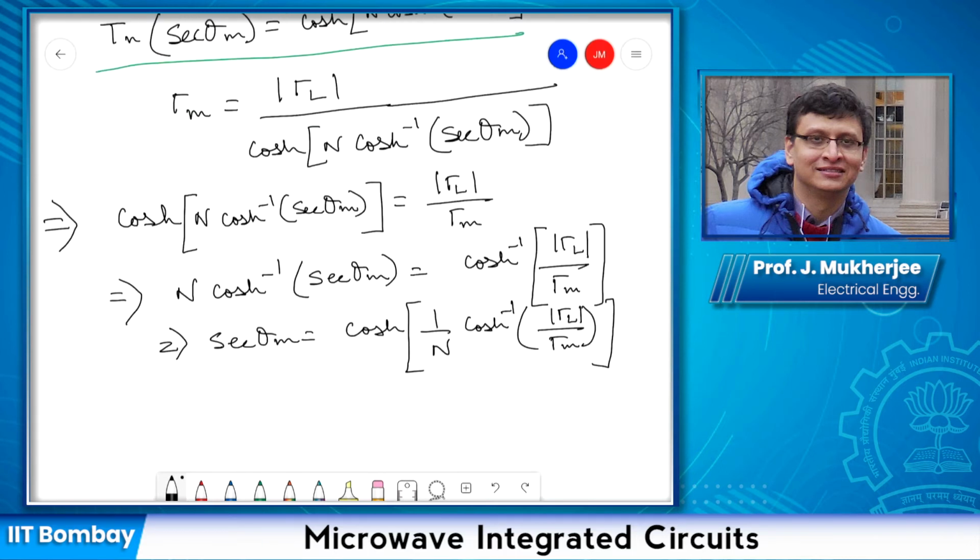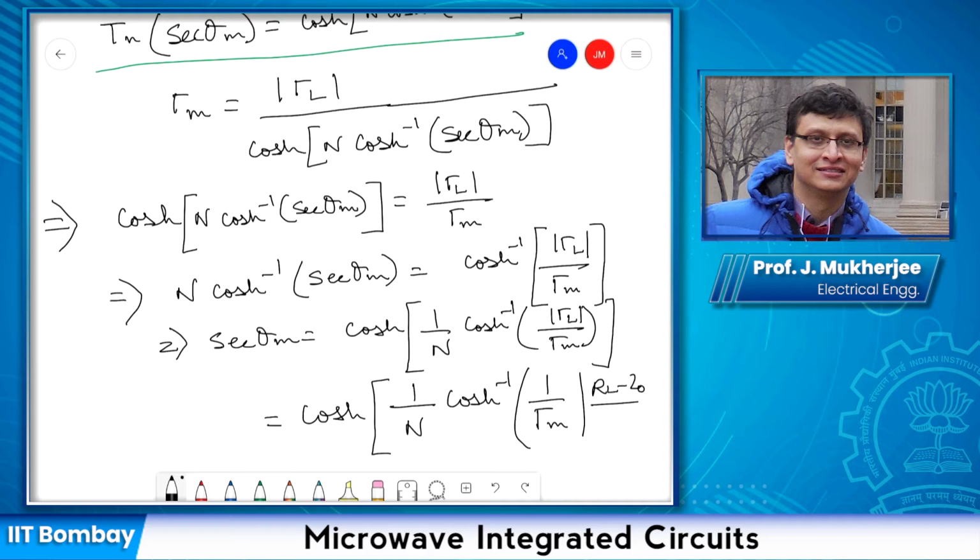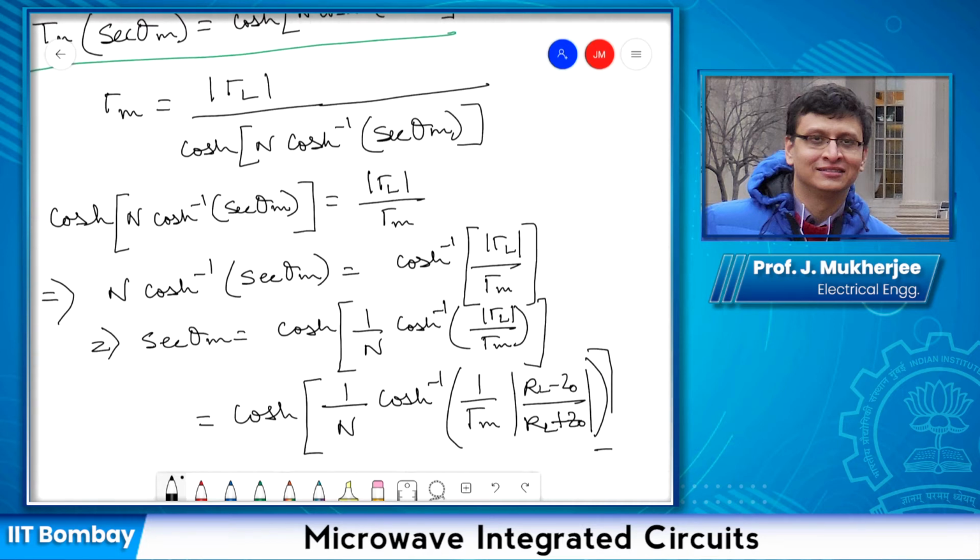And this in turn can be further simplified as cos h of 1 by n cos h inverse, so this is the value of theta m.